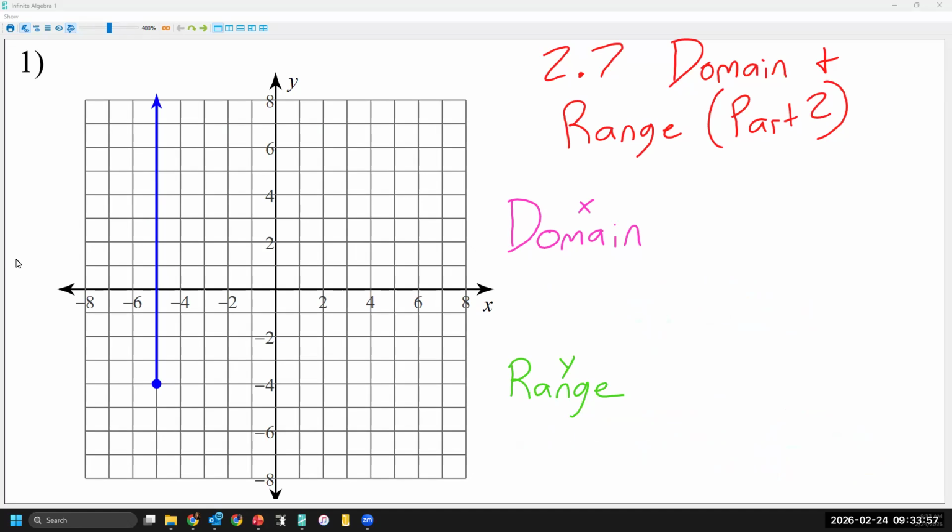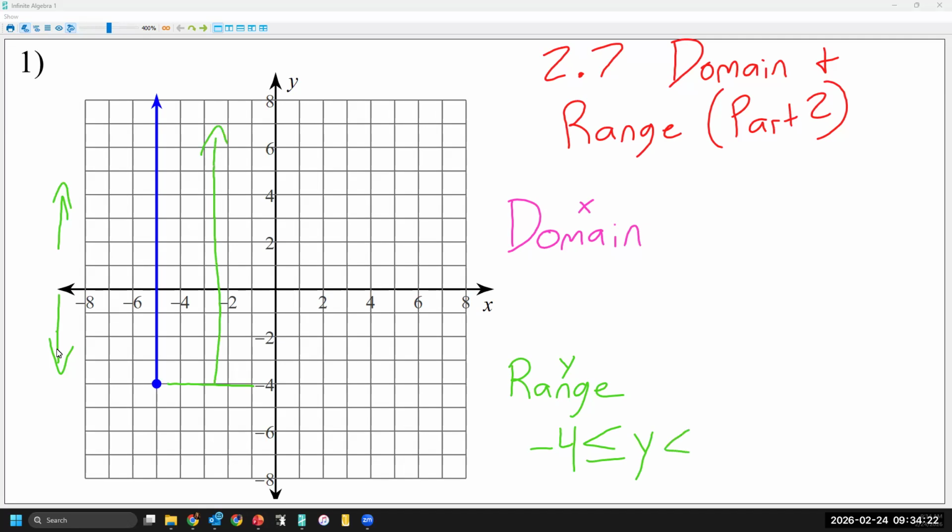Well, let's start off with how far down my graph goes. It goes down to this point right here, which is at -4. It's a closed point, so I can put my equal to line. I'm talking about range, so we're going to use y. How far up does it go? Well, if I'm starting there, I'm going up forever.